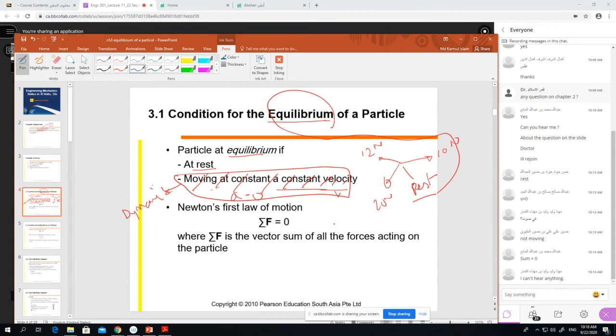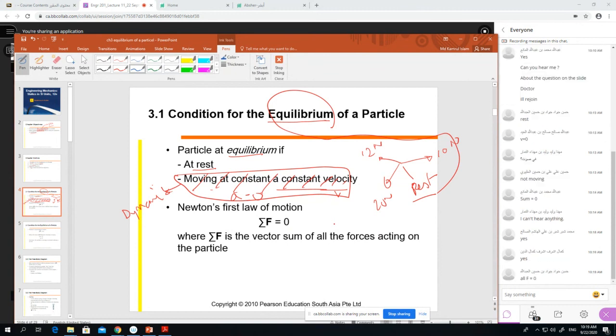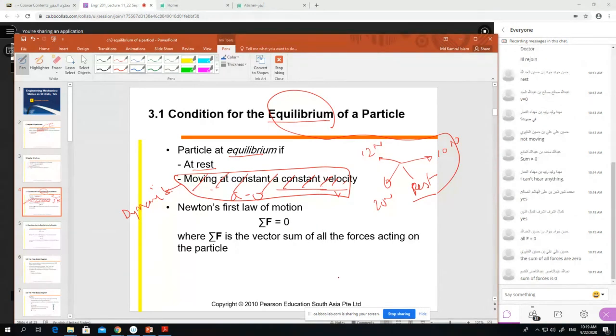Newton's first law: any object will remain at rest if we don't apply any force from outside, or will continue at the same velocity without any acceleration if we don't apply any force from outside.